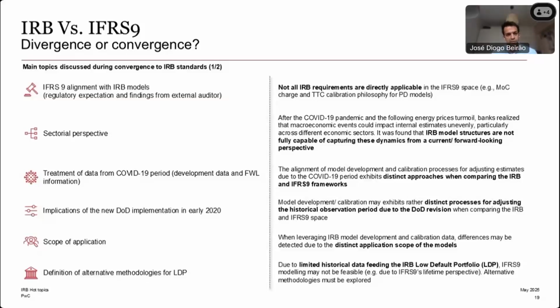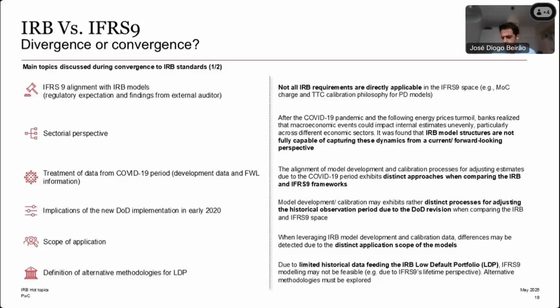Regarding the requirements that are specific to IFRS 9 and IRB, of course, they are not the same. The regulatory context is quite distinct, with IRB being much more detailed on the expectations regarding the ways that risk should be quantified in terms of PD, LGD and CCF models. In that sense, there are topics that are not applicable, such as the MoC component, or, in the case of LGDs, the discounting of recoveries. But other distinctions have been observed.